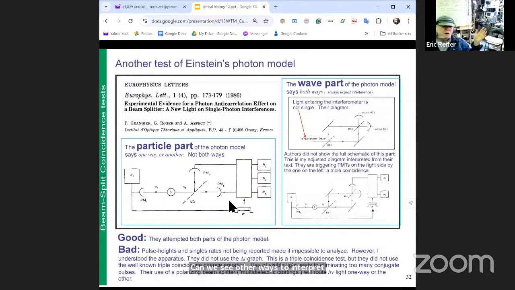They all say quantum mechanics is right. This is why they say quantum mechanics is true. It's from this set of experiments in what I call a one particle at a time beam split coincidence experiment.